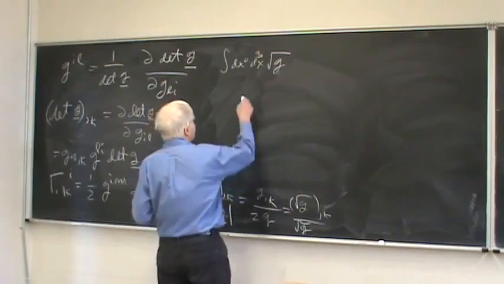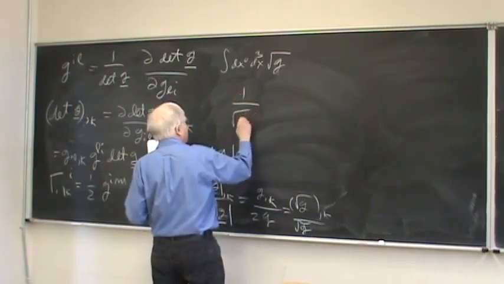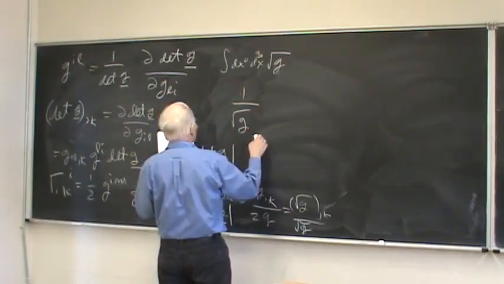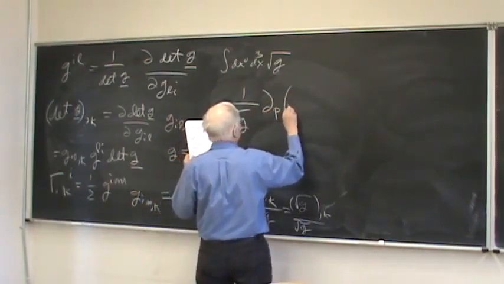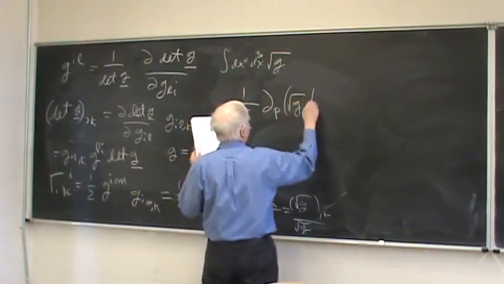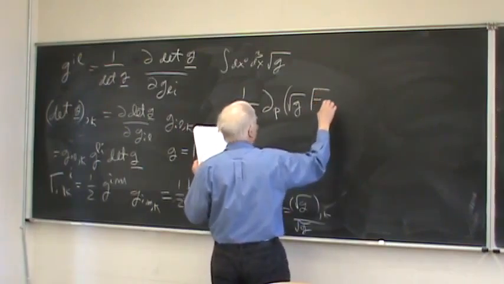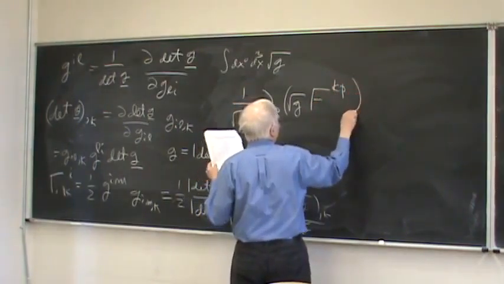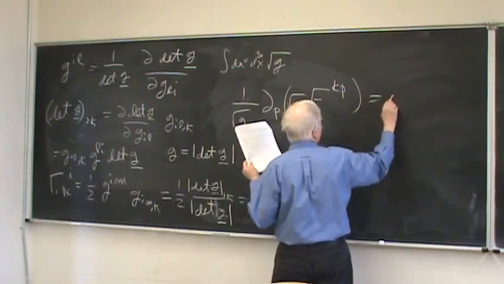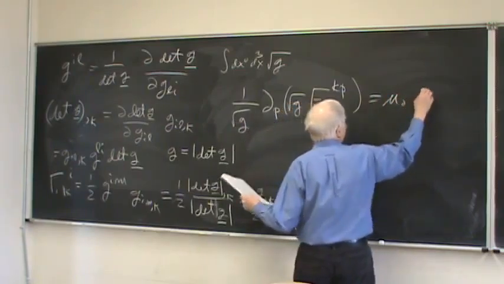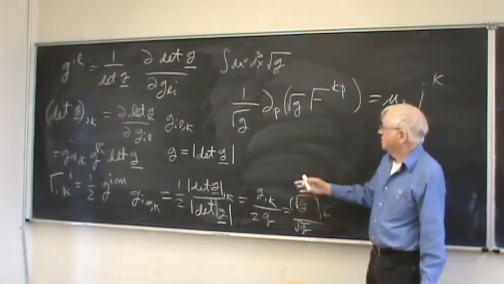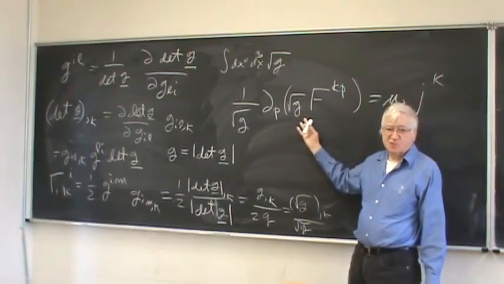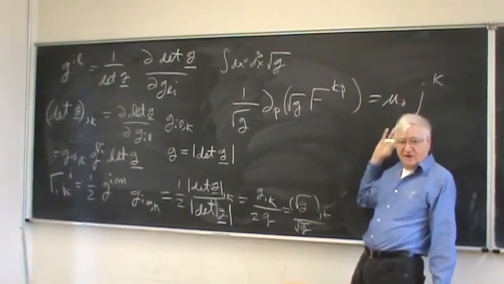The difference is that the inhomogeneous equation gets a square root of G in it. So the ordinary Maxwell equation, you set square root of G equal to 1, you get the ordinary Maxwell equation.